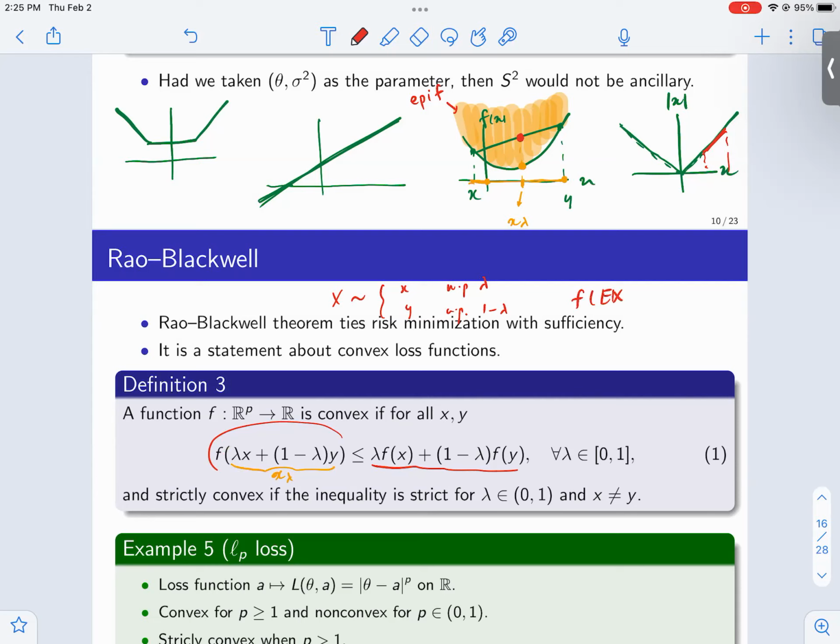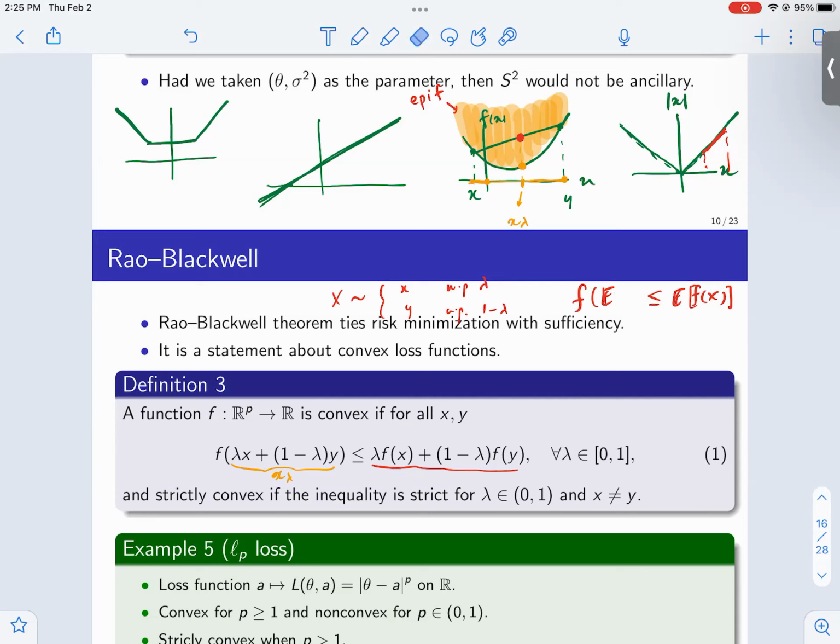So this is less than the expectation of f of x. What Jensen is doing is just generalizing this inequality to basically any distribution on x. Okay, almost any distribution.